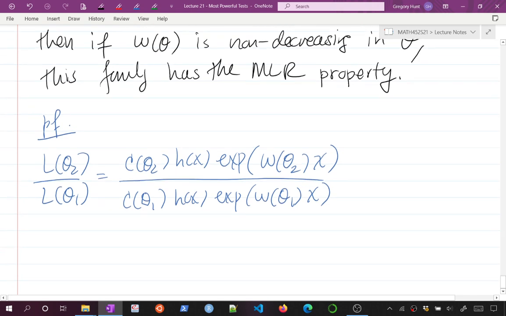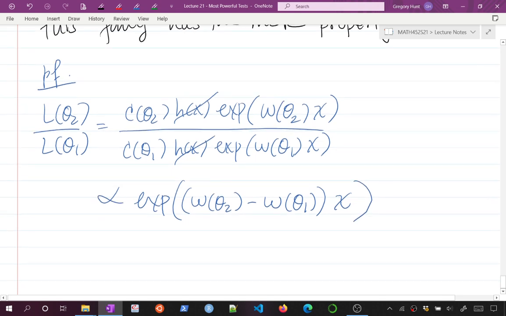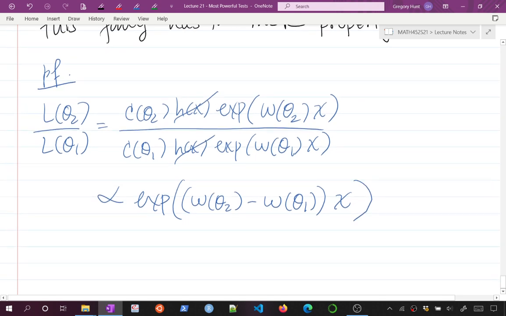And we know that theta 2 is bigger than theta 1. We don't really care about the C of theta 2 over C of theta 1. First of all, the h's cancel. But we could basically say this is proportional to e to the w of theta 2 minus w of theta 1, times x, right? Ignore the constants out front.